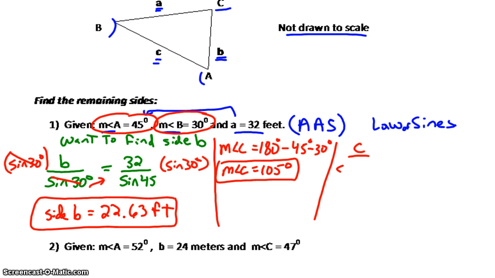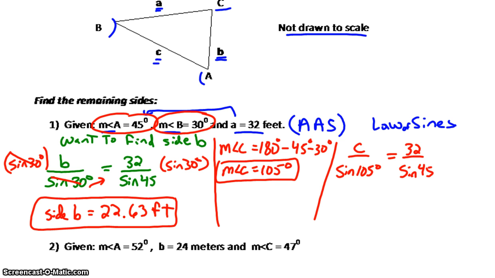So it's going to be C over sine of 105 degrees, and I'm going to set that equal to one of the other values, either the A's or the B's. In this case, I'm going to choose the A's, and I always do that, not because it's A, but because it's the side that gives me both pieces of information without decimal approximation. So the given was that A was 32 and that angle A was 45.